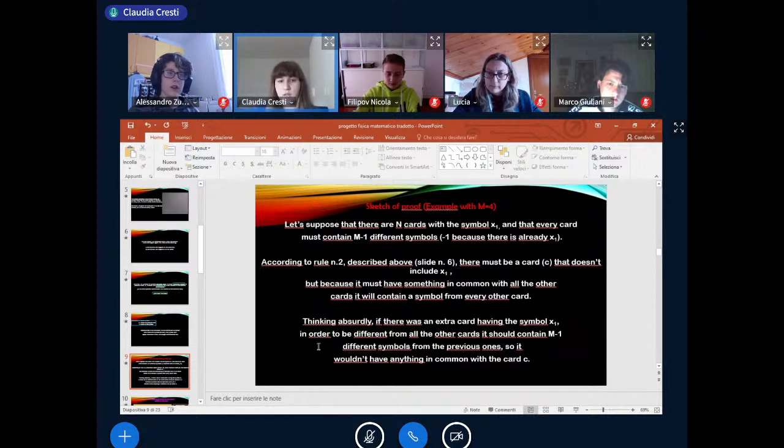Thinking absurdly, if there was an extra card having the symbol x1, in order to be different from all the other cards, it should contain m minus 1 different symbols from the previous ones, so it wouldn't have anything in common with the card C.